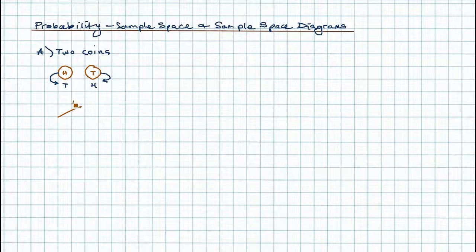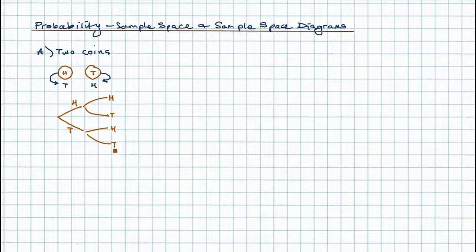Or if we flip it in this direction, it would be a tail. Okay? Now, if it was a head on the first flip, we flip it again, and again it could be a head or a tail. If it was a tail on the first flip, we flip it again, and again the options are head or tail.